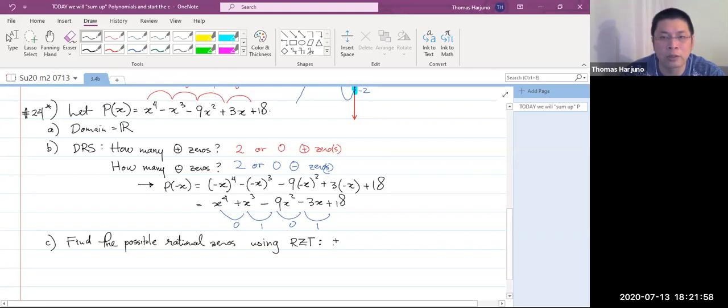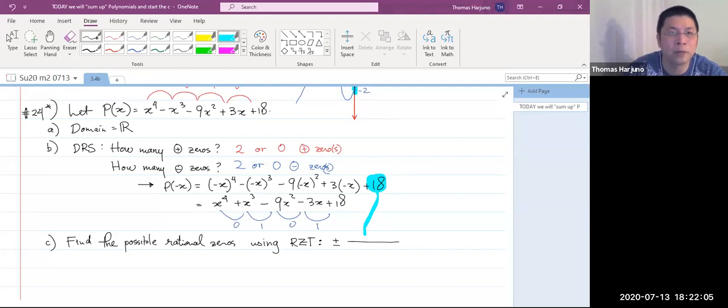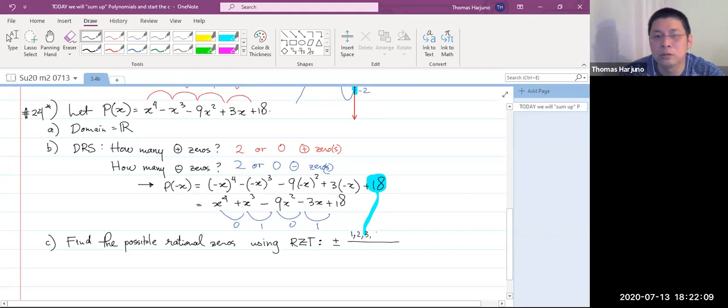That would be plus or minus the factors of the constant. The factors of the constant are 1, 2, 3, 6, 9, 18.